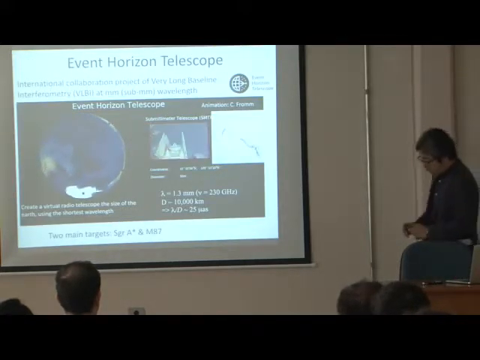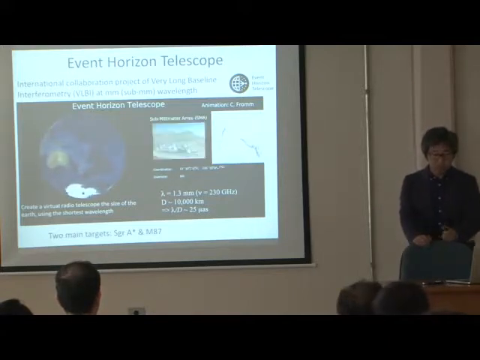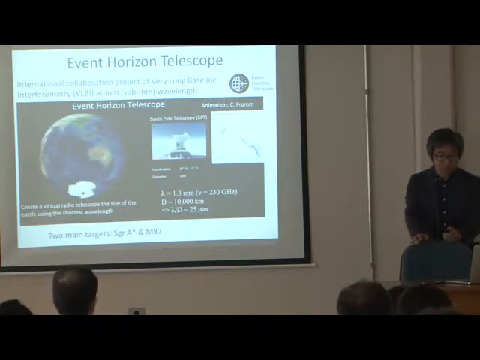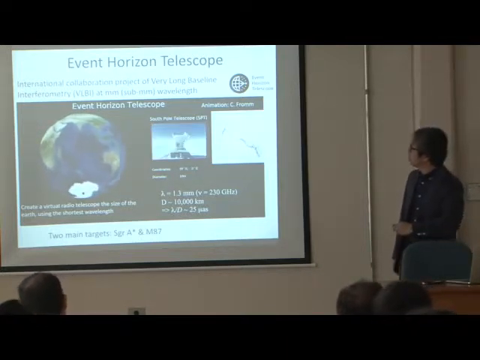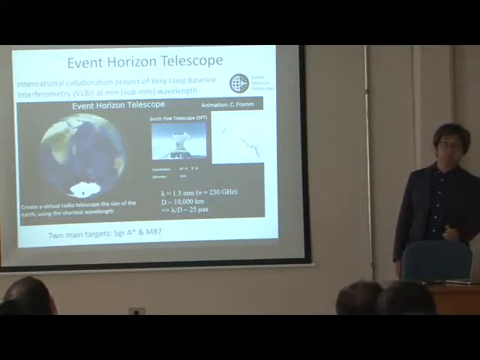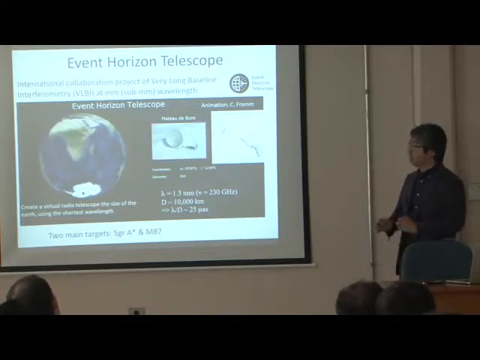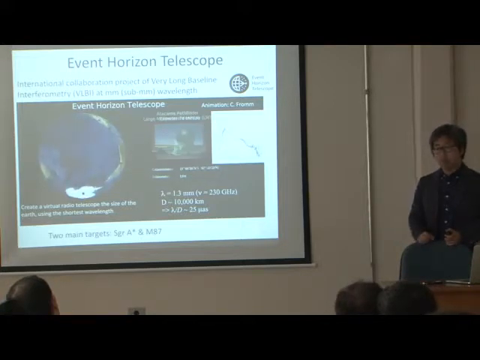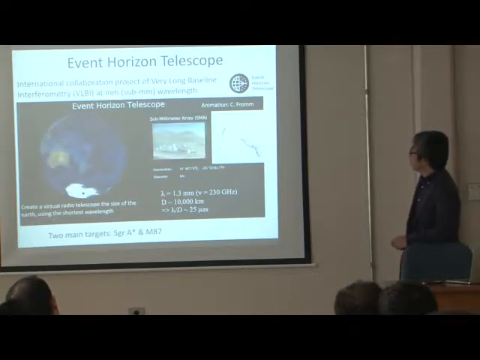So why can we do this kind of thing? This is an international collaboration project, very long baseline interferometry at millimeter or sub-millimeter wavelengths with the Event Horizon Telescope project, to catch this shadow, the event horizon scale, the black hole shadow image. So this is the Event Horizon Telescope.